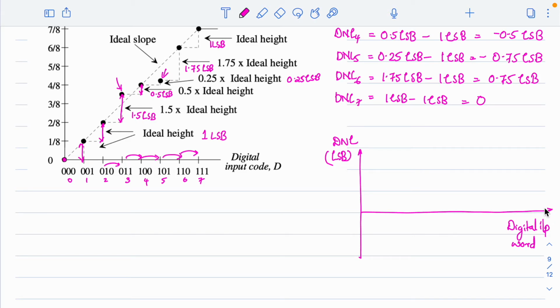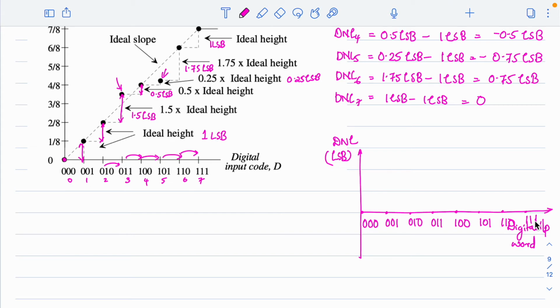Alright, so now generally what we do is, after getting the DNL values, we plot. On the x axis we have the input codes 0 1 0 0 1 1 1 0 0 1 0 1 1 1 0, and this is 1 1 1, right?